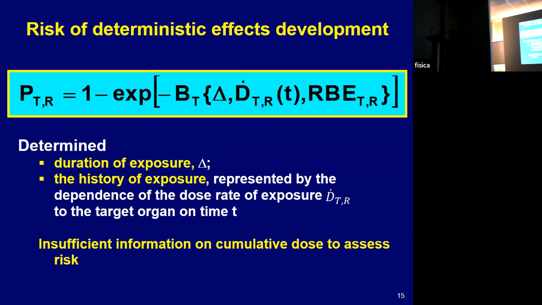Here we see P, T, and R. It's the probability or risk of developing a severe effect. Coefficient B is the function of death intensity in case of development of a severe deterministic effect, when an organ or tissue type T is irradiated with radiation of type R during a period of time from 0 to delta.